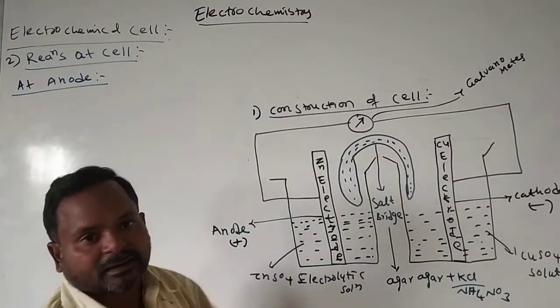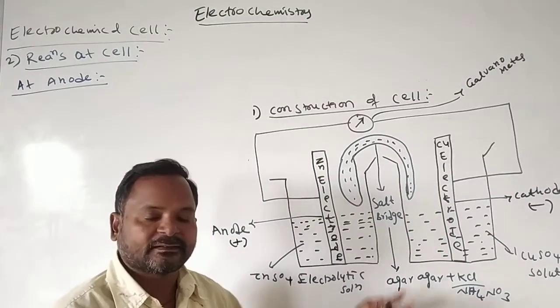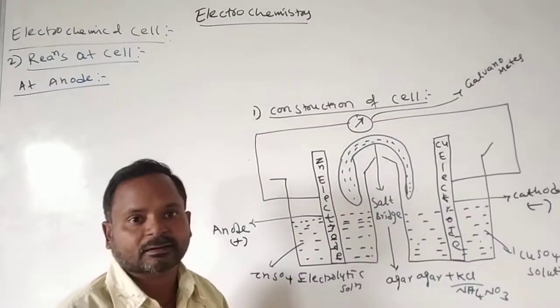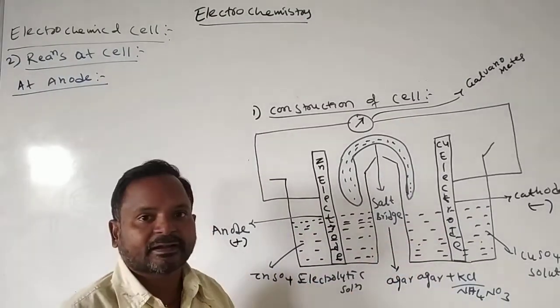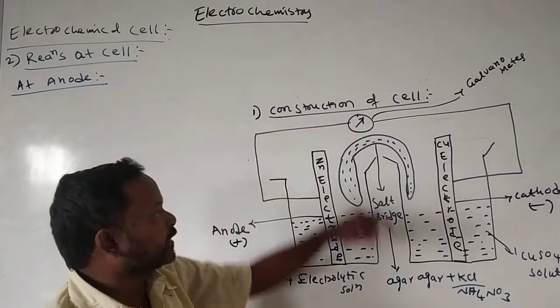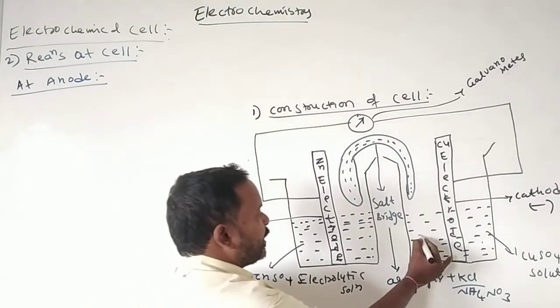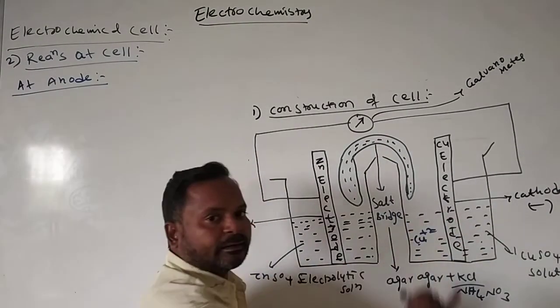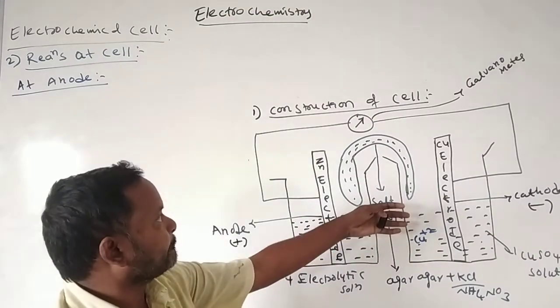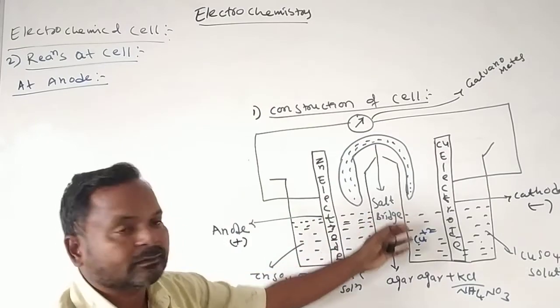First, zinc loses the electrons. Why not the copper? Always in a system, the anode loses electrons, and at the cathode Cu+2 gains the electrons. But here, zinc loses the electrons, and the Cu+2 ions present gain the electrons. These lose the electrons, these gain the electrons.